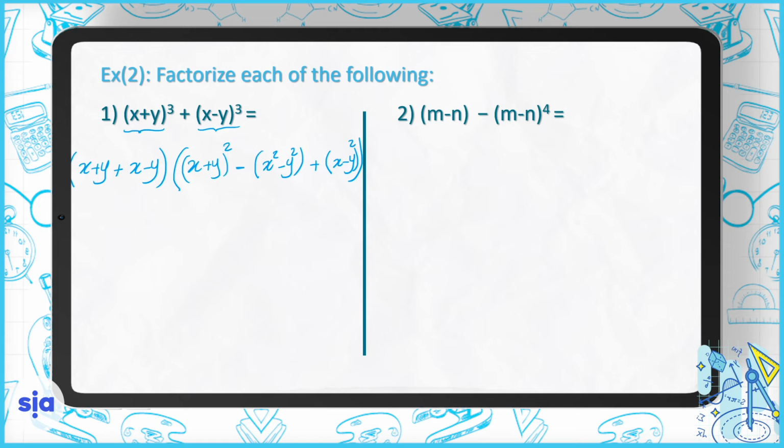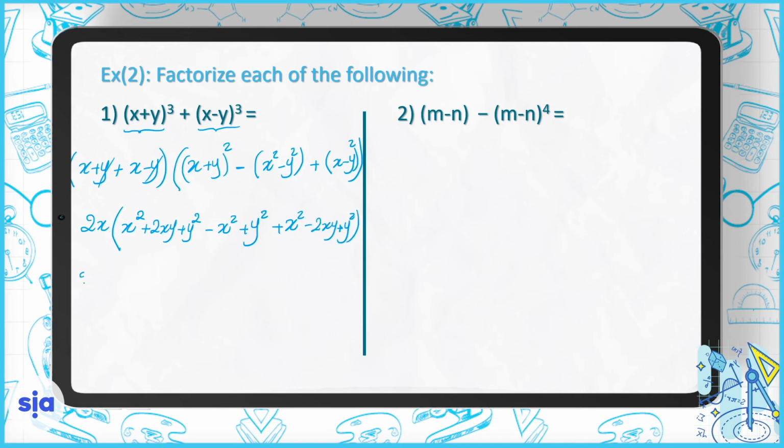Let's simplify and expand the two brackets. x plus y plus x minus y, the plus y and minus y cancel, so this will be 2x multiplied by x squared plus 2xy plus y squared minus x squared plus y squared plus x squared minus 2xy plus y squared.